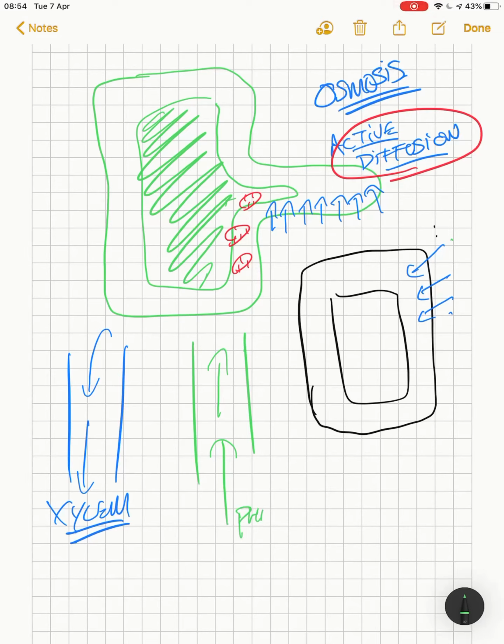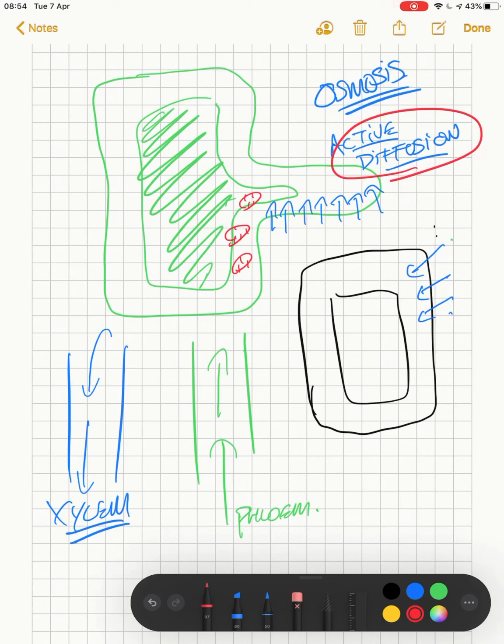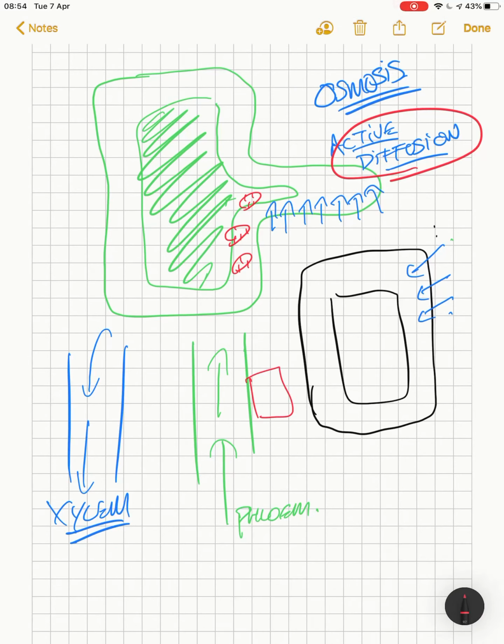So the phloem are responsible for moving sugar, and they have separate cells, companion cells, that contain organelles for active transport and movement of those cells. But again, they don't have any organelles in the middle, and that stops the impedance of any kind of flow of the sugar up and down the plant.